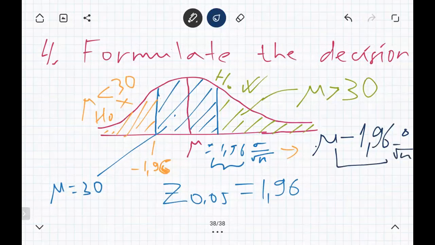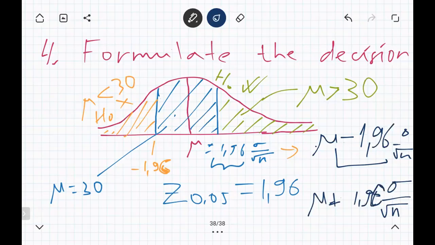And our upper value is mean plus 1.96, again, sigma over square root of n. So we see that minus 1.96 is in some sense a boundary between rejecting and not rejecting the null hypothesis.